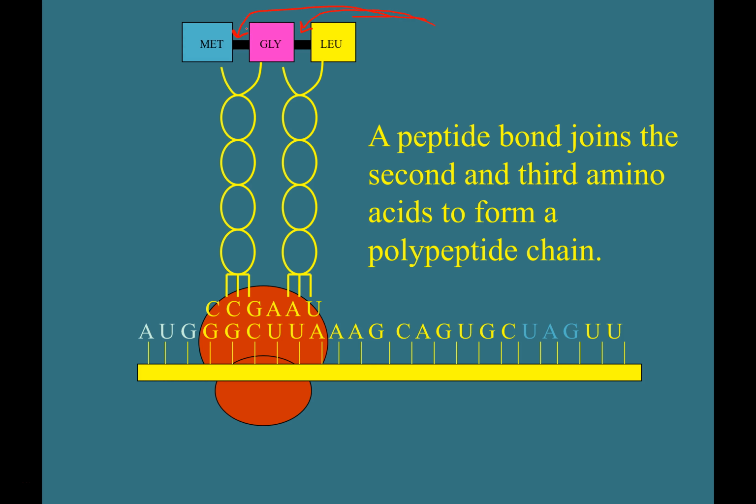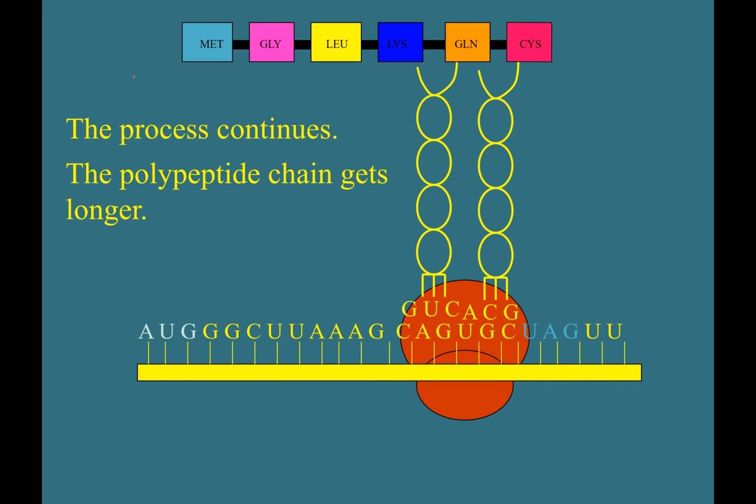Sorry if I wasn't clear. And now that tRNA that was there can leave. And this will continue. As this goes on, what you just made is your polypeptide chain. Once again, it is not a protein yet. It will be, but not yet.